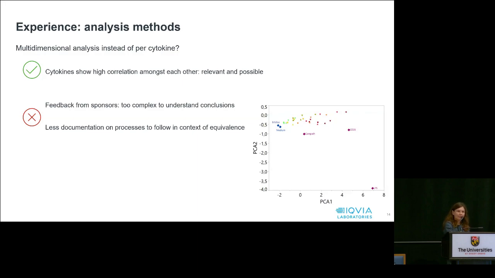So I think it's definitely possible, but it's much less straightforward to follow guidelines for that. And then especially the feedback from the sponsors without statistical expertise is that it is sometimes very difficult to understand what exactly the conclusion is. We do that only as a secondary analysis.